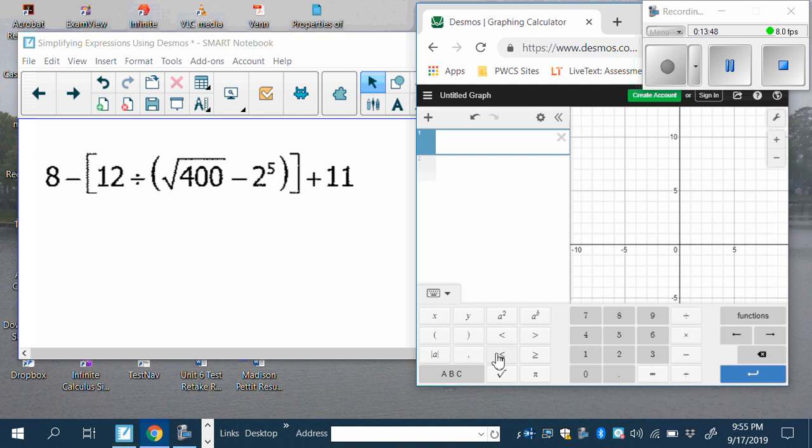Now the one thing, I don't do brackets, I just do parentheses.